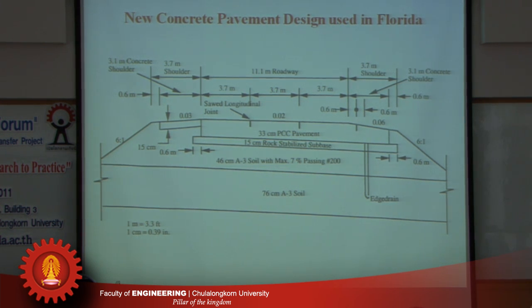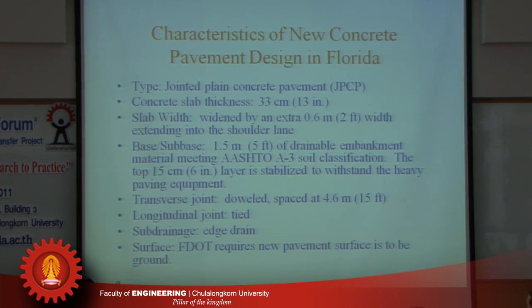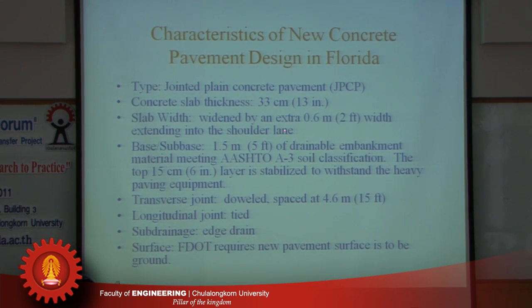Okay, and this is a summary of the design used. Jointed plain concrete pavement, typical thickness 33 centimeter. Typically, we have a widened slab that extends into the shoulder to reduce the stress. The subbase usually is made of a drainable material.